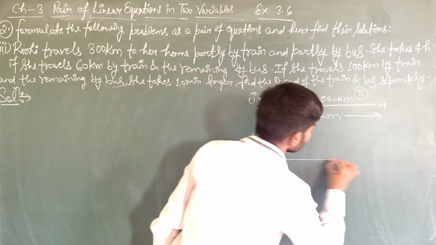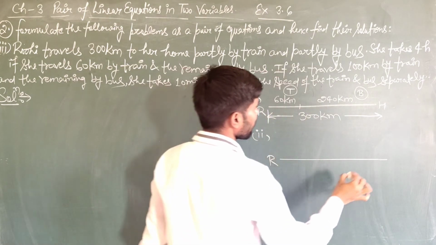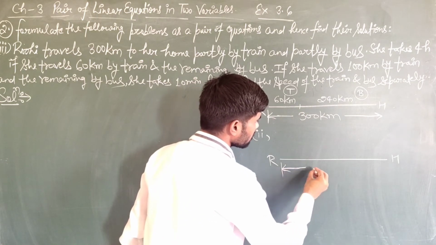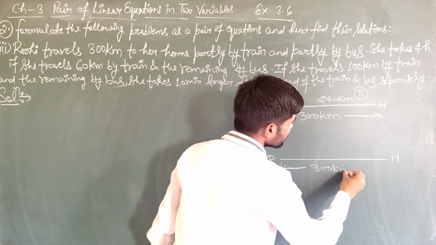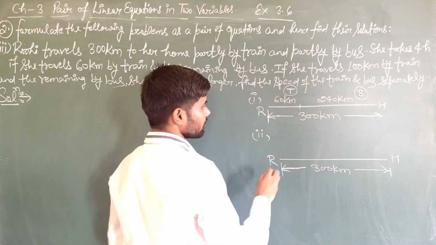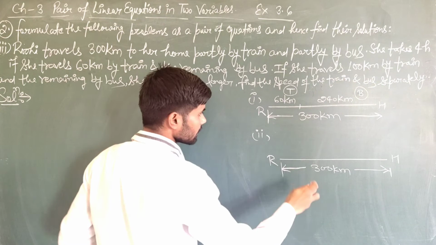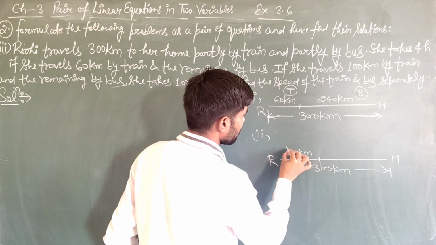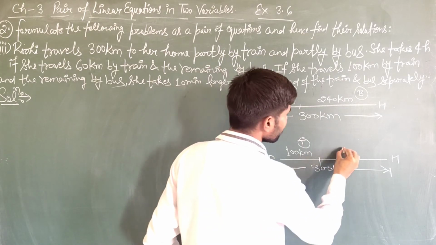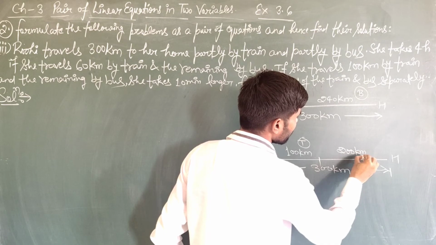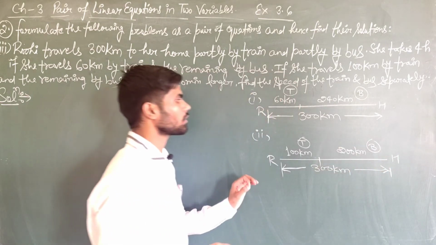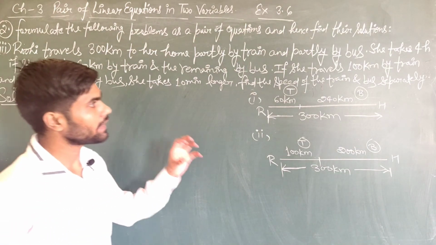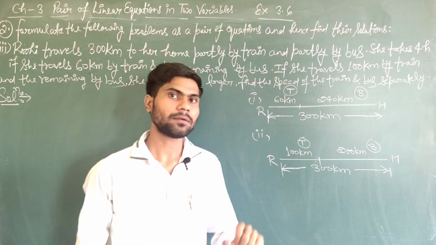And second condition, suppose this is Ruhi and this is home. Distance between these two places is 300 km, and in the second condition we are given 100 km by train, remaining will be 200 km by bus.